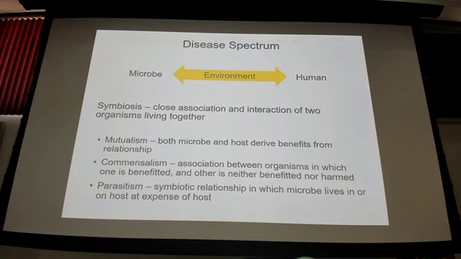There's no gain and there's no negative outcome of that relationship. Most of what we're studying in this course, unfortunately, is the bad stuff, the parasitism, and ignoring all the good stuff that goes on, which is the vast majority of the interactions. They're either mutualistic or commensal relationships. But we wouldn't be here if we didn't have a reason to be, so we're going to study all the bad things they can do to us.